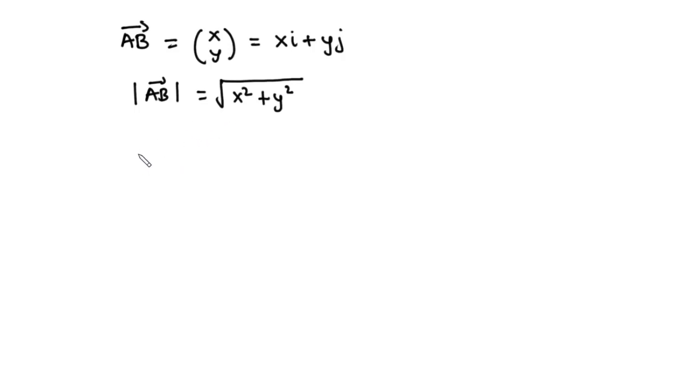Now to the direction, tan theta is equal to y over x, that is the y component divided by the x component. Since we want to find theta, the angle theta is equal to tan inverse of y over x.